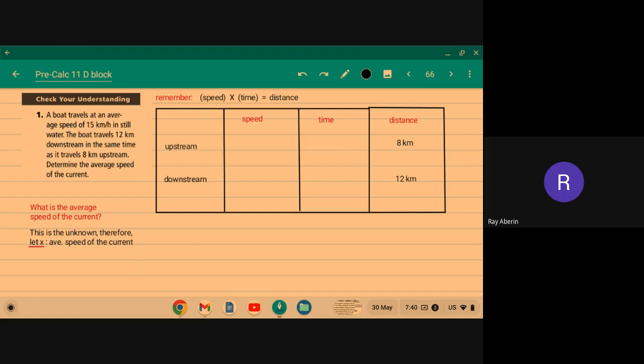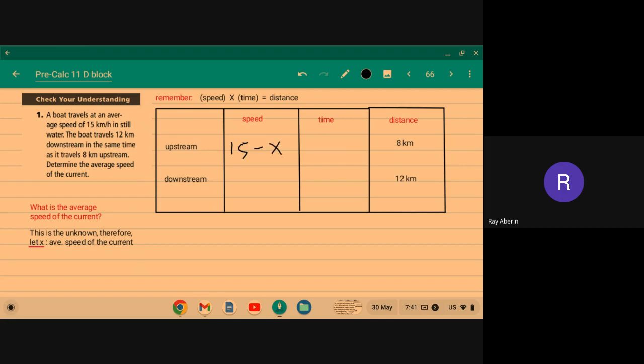So what is the speed of the boat as it is going upstream? Well, in still water, it is moving at 15 kilometers, but upstream, it is going against the current. Therefore, if the current has a speed of x and the boat is going against the current, the boat, which initially has a speed of 15, is now traveling at 15 minus x.